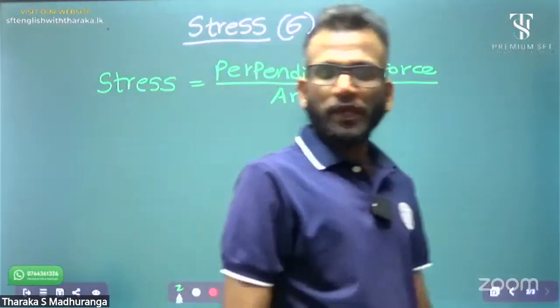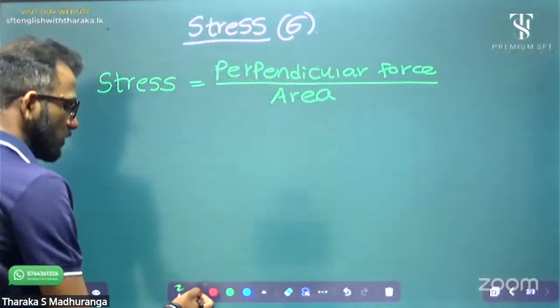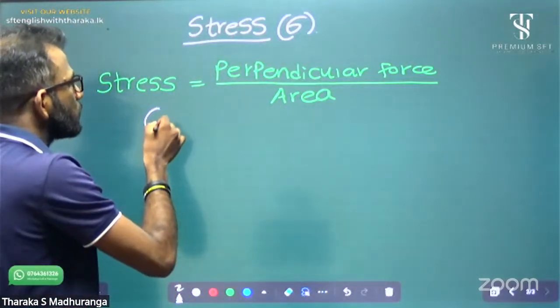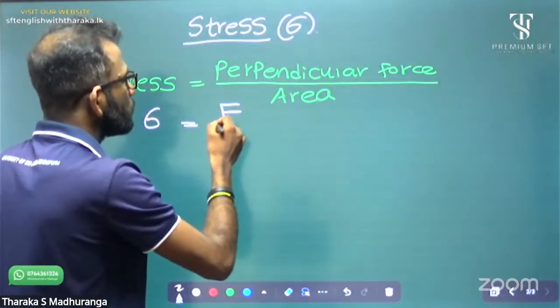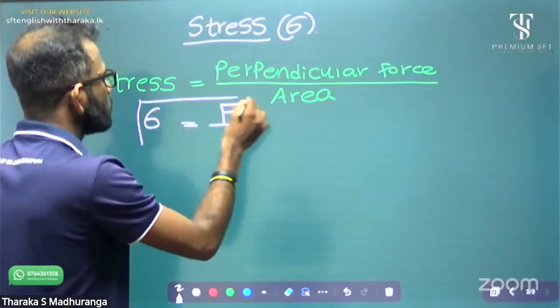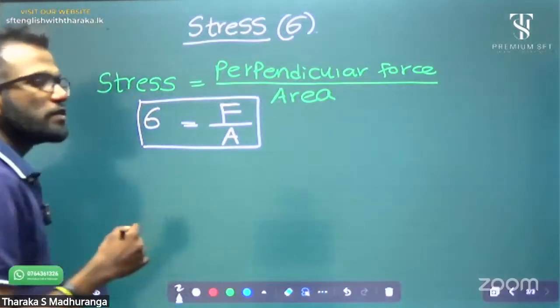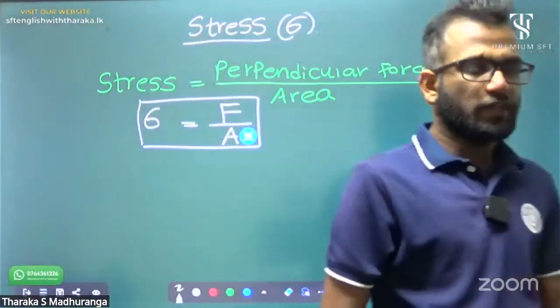This is the meaning of stress. In symbols, stress equals perpendicular force F over A. F over A is the equation. Okay, do you know what is the unit of stress? What's the unit of stress?